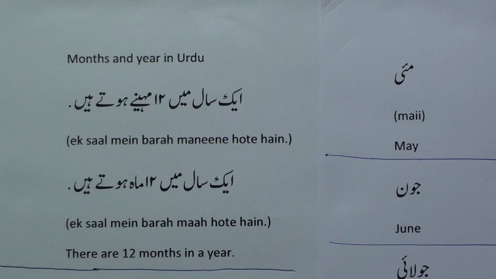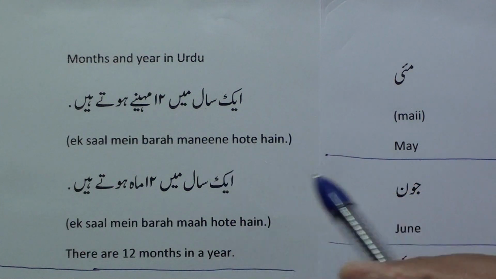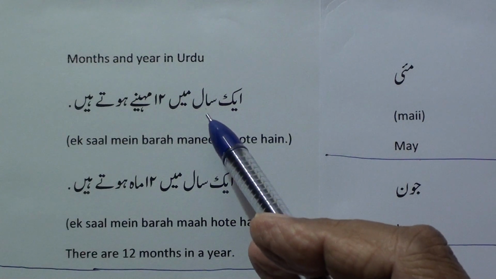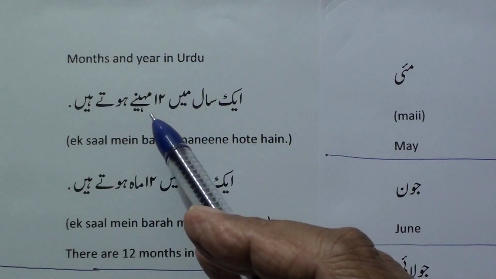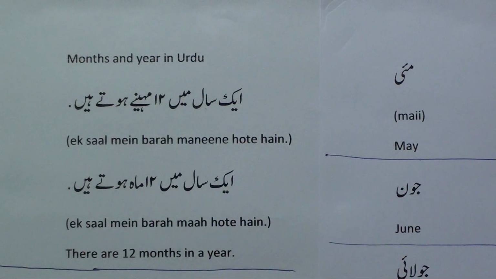एक साल में 12 महीने होते हैं। एक साल, 1 year, 12 महीने, 12 months.